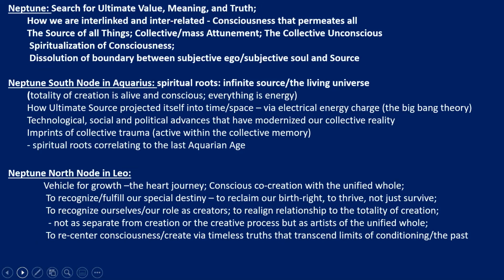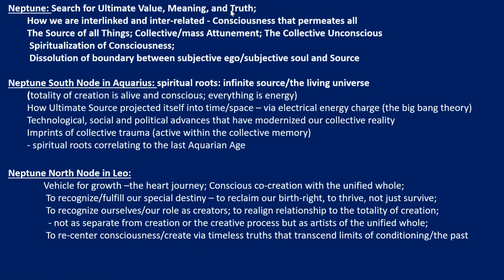Neptune, the search for ultimate. All of our ultimates are there. Ultimate value, meaning, and truth. Neptune shows how we're interlinked and interrelated. It is the consciousness that permeates all, the source of all things. This is collective or mass attunement, the collective unconscious. Spiritualization of consciousness.